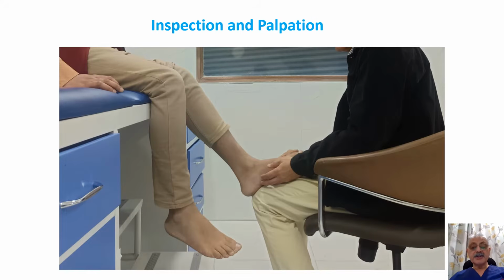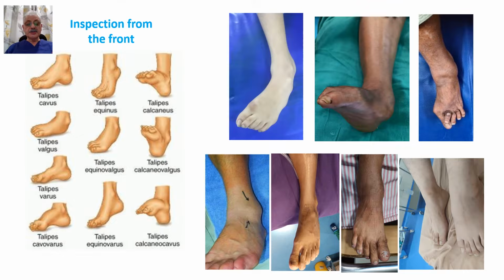After I have finished the observation of the gait and the patient in standing position, as well as observing the footwear, then I ask my patient to sit at a comfortably high position so that I can do the inspection from all sides of the foot as well as palpation from all sides of the foot. Once the patient is sitting comfortably, then I start inspection from the front.